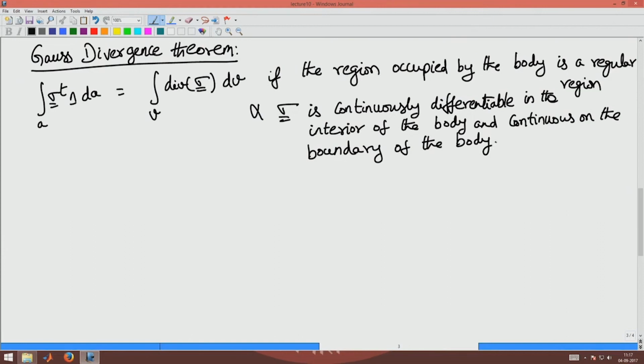Okay. Under these assumptions you can compute sigma transpose n dA as divergence of sigma dV. The important thing is we have to understand what a regular region means. I will not go into the definition of a regular region; you can look at the potential theory by Kellogg.